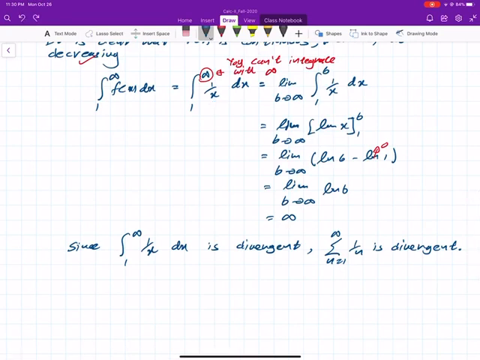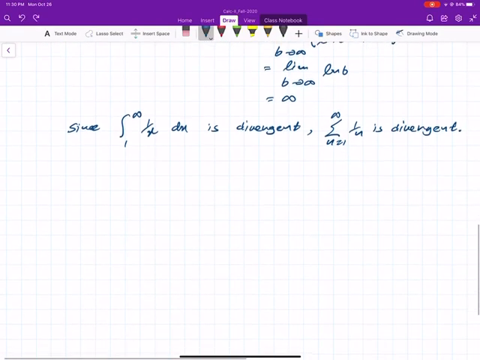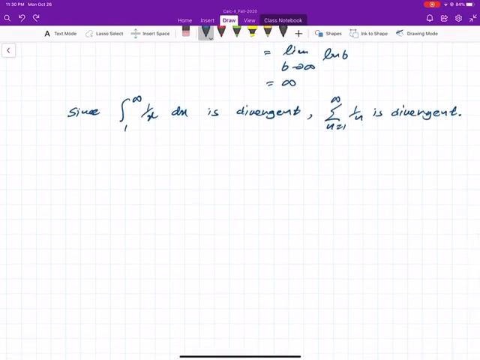Let me move to the next example. Now it is example number 2.